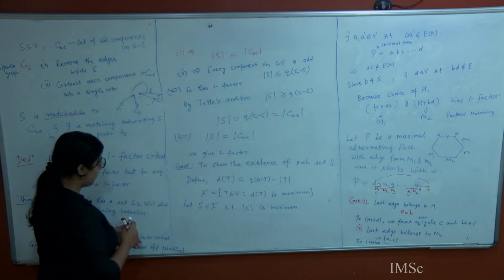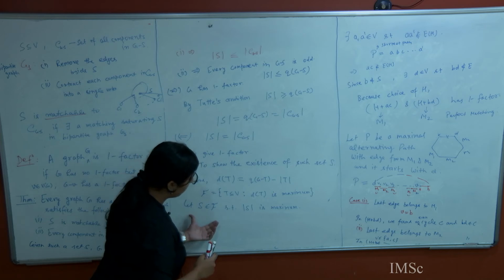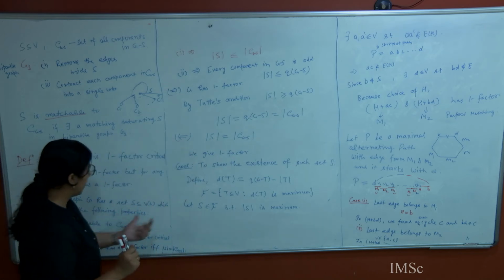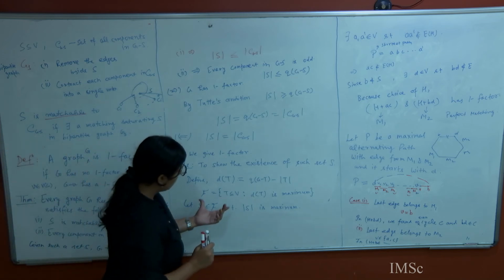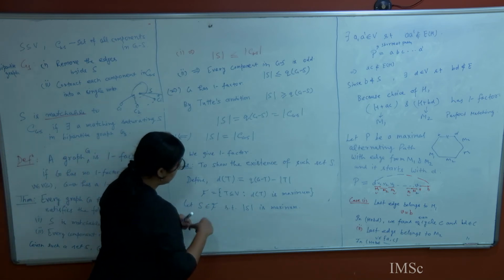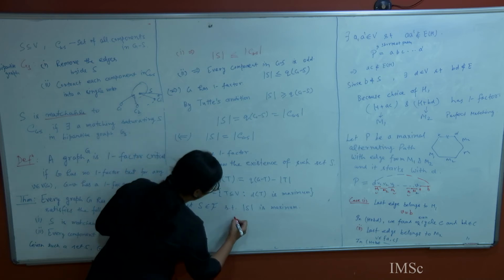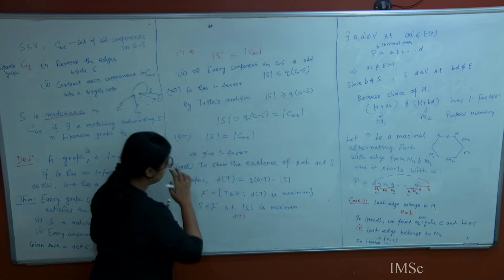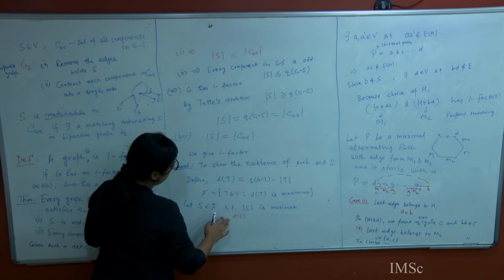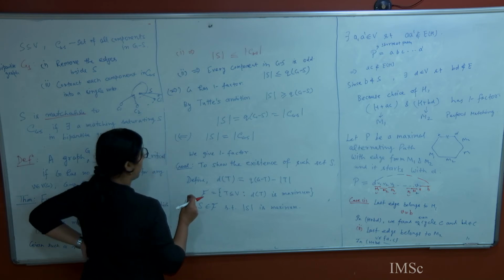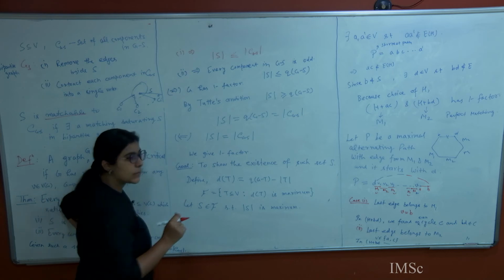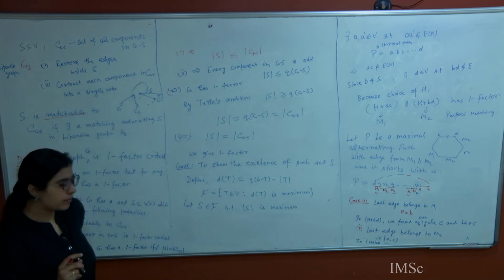So, now our goal is to show that S satisfies this condition and this condition. And one more thing. So, for this ds, what can we say about ds? Let S belong to the family such that S is maximum.